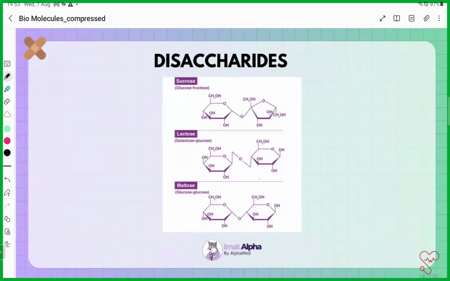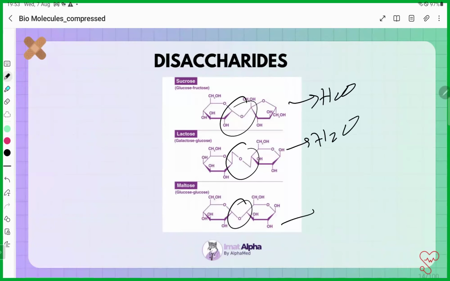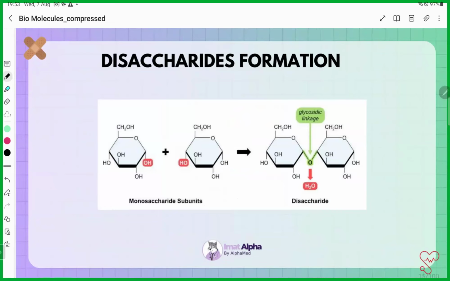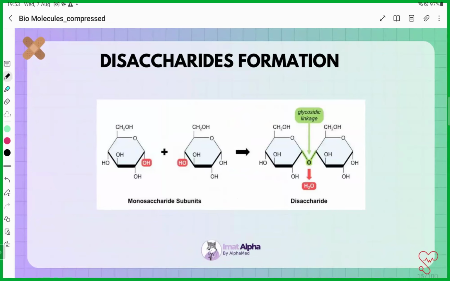Of course, between all of them we are gonna have a glycosidic bond, and we're gonna take H2O out of the reaction. So, yeah, glycosidic linkages.